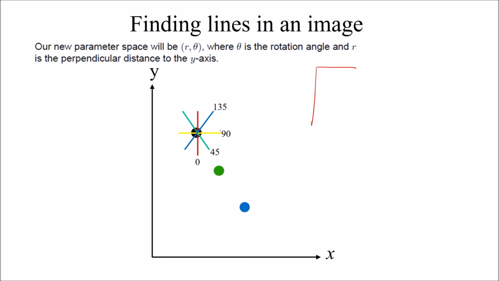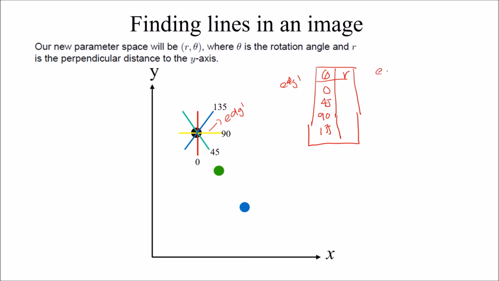Let's say I mark this one as edge 1. For edge 1, your theta is 0, 45, 90, 135, and then you need to find the set of r for the first edge.